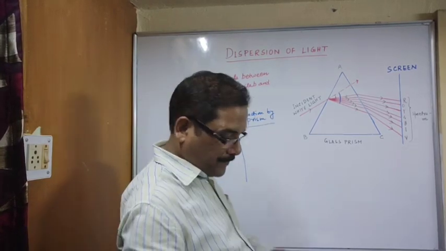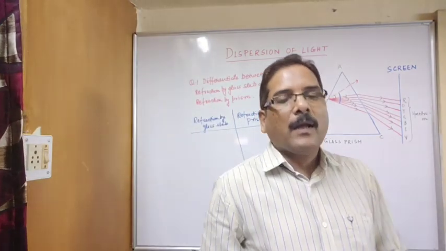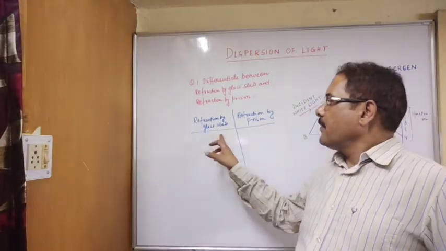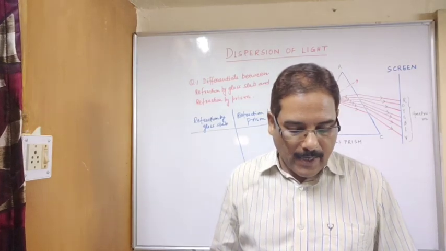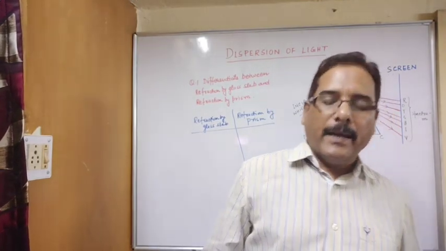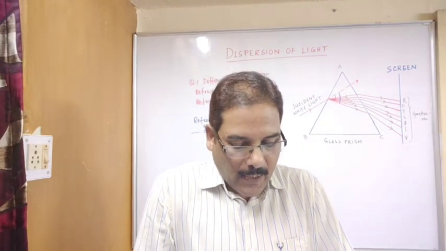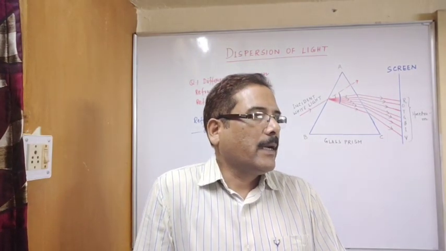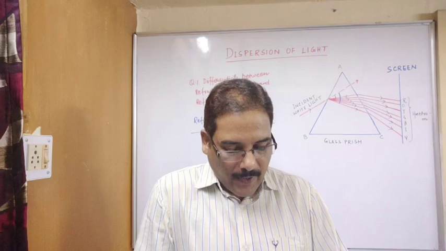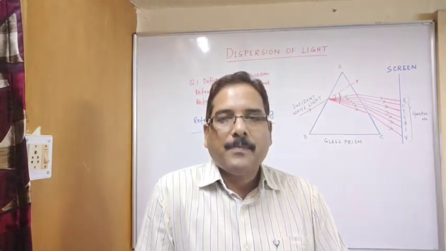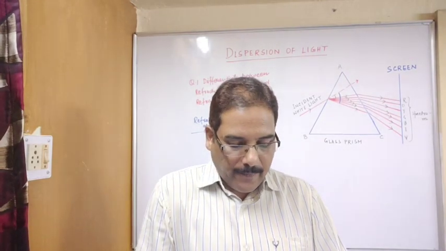Like this. Write the first point for refraction by glass slab: the emergent ray is parallel to the incident ray.